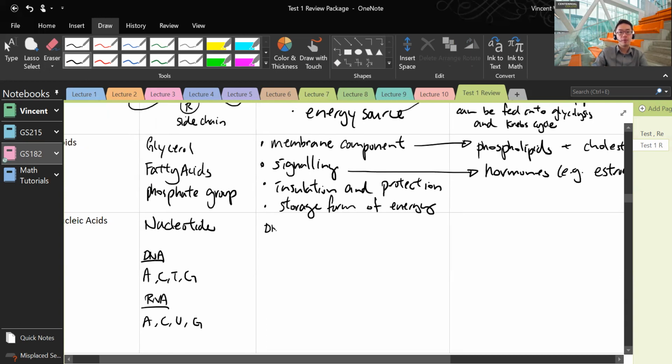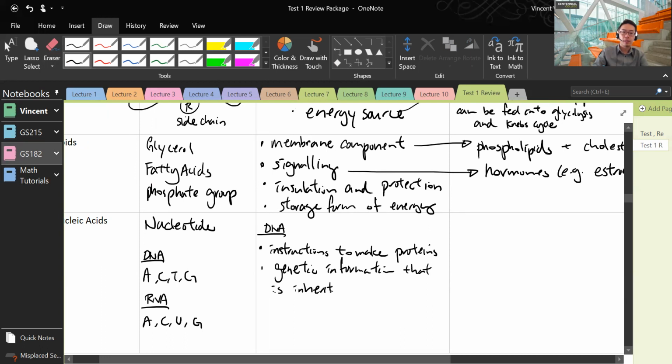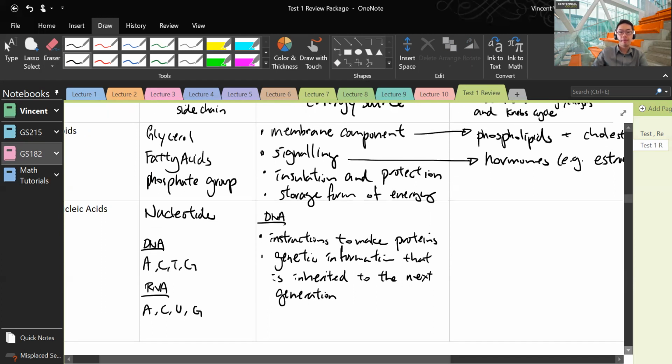Main function, let's talk about DNA first. The main function of DNA would be providing instructions to make proteins. It is the genetic information that is inherited to the next generation, the blueprint of life, they say.